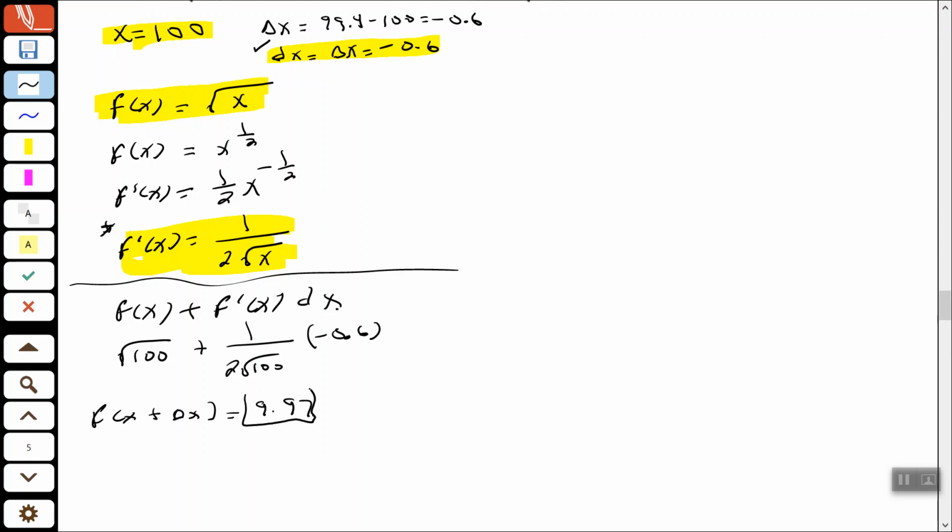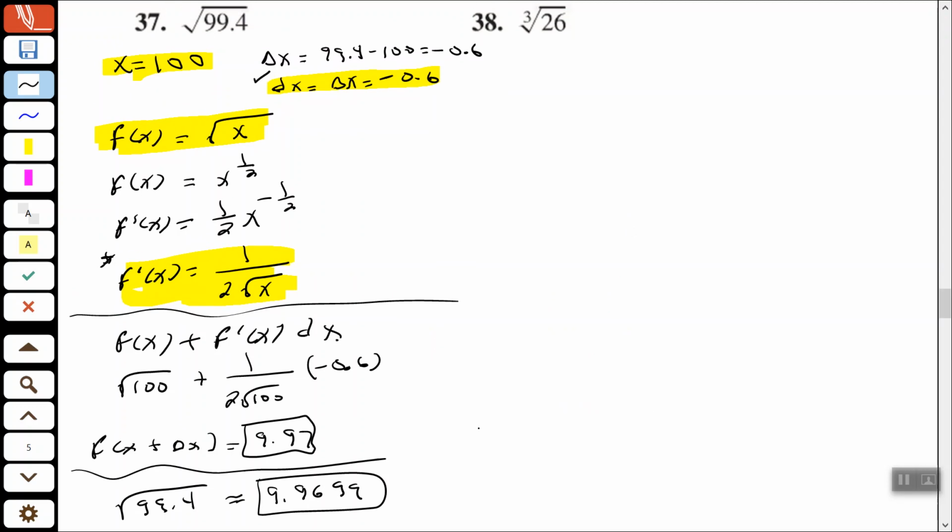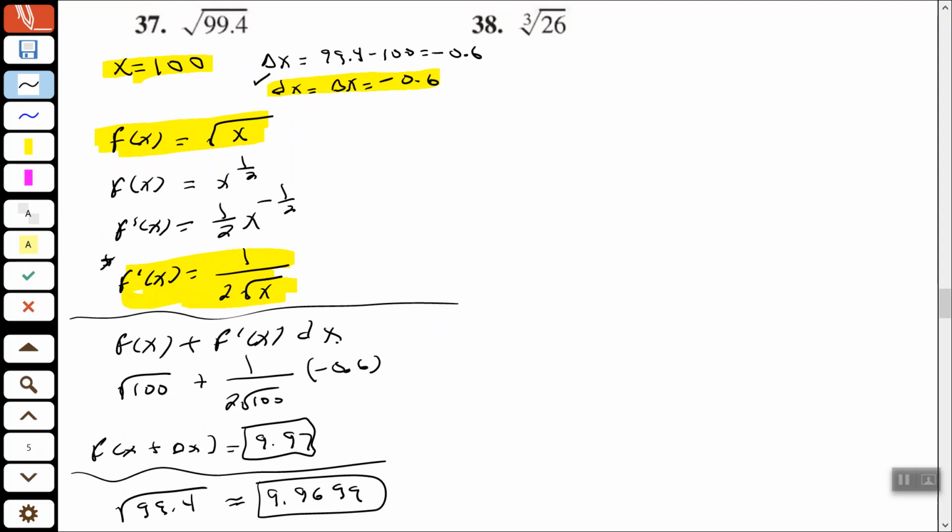So what the problem is asking us to do is to take this and compare it to the actual calculation in our calculator, the square root of 99.4, which if you plug that into your calculator, you should get 9.9699, which you see is very close. So again, we were able to use differentials to approximate that value.